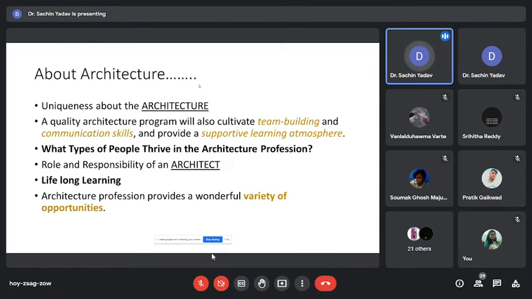The lifelong learning involved in the architecture profession makes it a fun field to work in, and you will appreciate the fact that you will have a tangible product. At the end of every semester you have some kind of tangible thing in your hand, so you can see your progress and your growth.